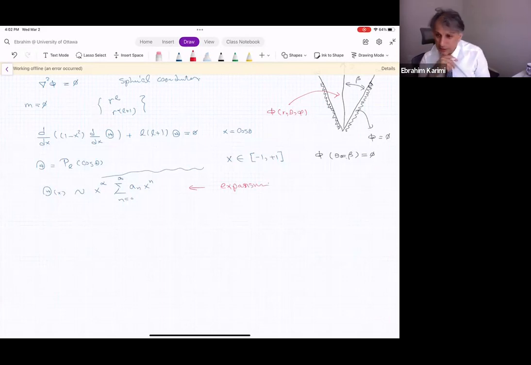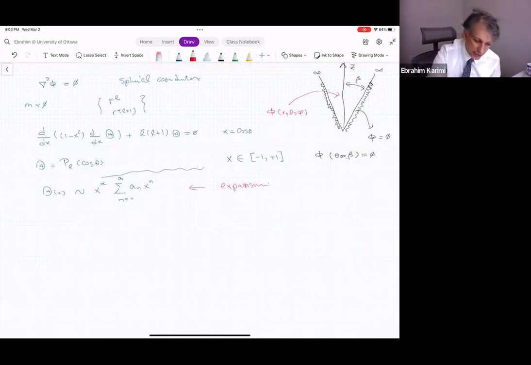These expansions happen around which point? X equal to 0, right? But right now, for this geometry, do we have access to x equal to 0?